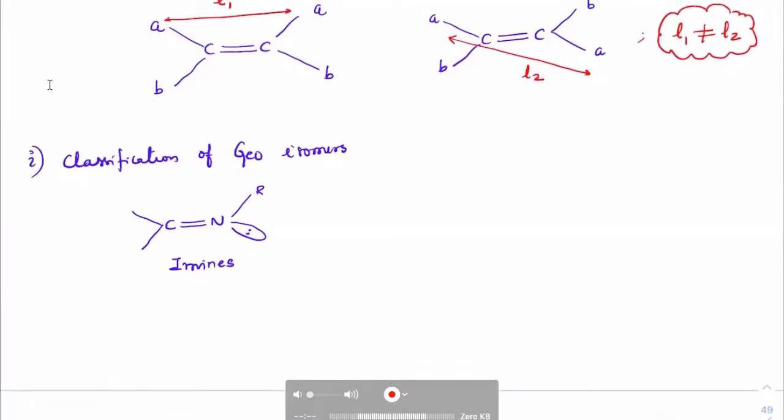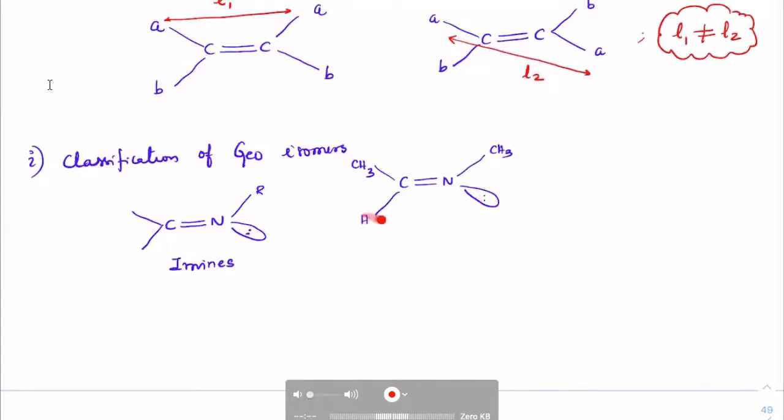Now within imines, I can have C double bond N with some CH3 group here, H group here, CH3 group here, and a lone pair. I'm taking this as an example. Now how do we read it? From here, we will check this hydrogen and this lone pair which is present.